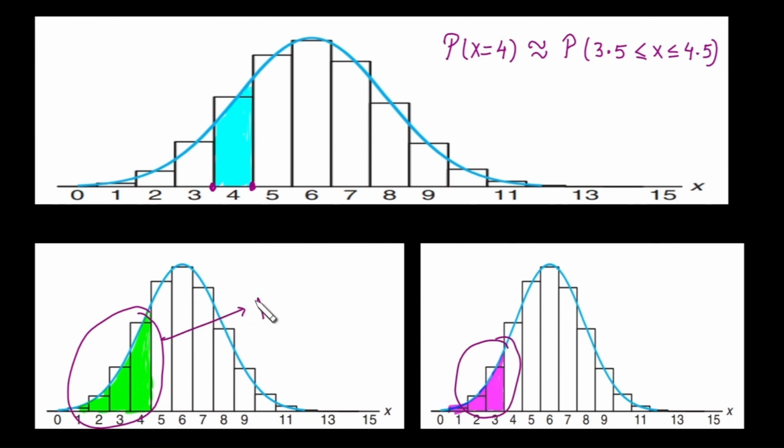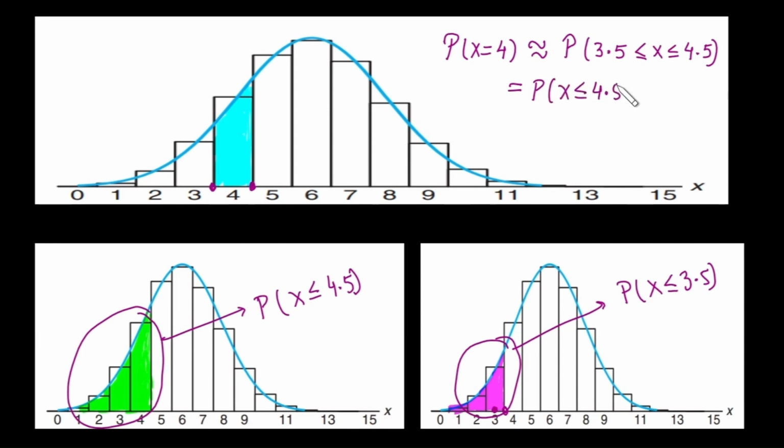This area is calculated as the probability when x is less than or equal to 4.5, and in this case that is calculated as the probability when x is less than or equal to 3.5, because this point is 3.5 and this is 3. By subtracting this value from this one, you will get the area under this curve. It means this value is equal to the probability x less than or equal to 4.5 minus the probability x less than or equal to 3.5.